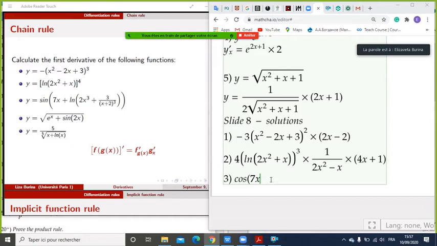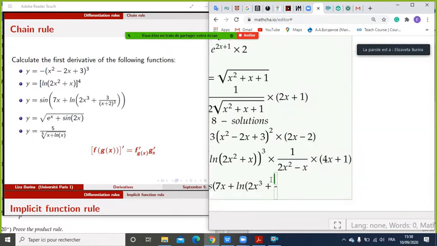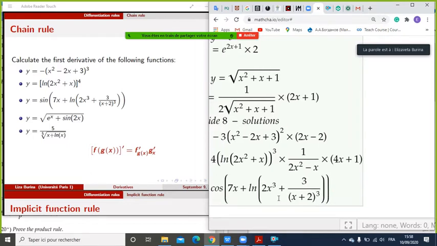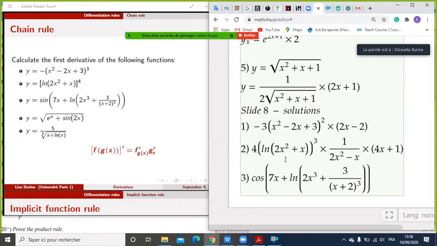We just have to rewrite the whole thing again, but well, logarithm of 2x cubed plus fraction 3 over x plus 2 cube.